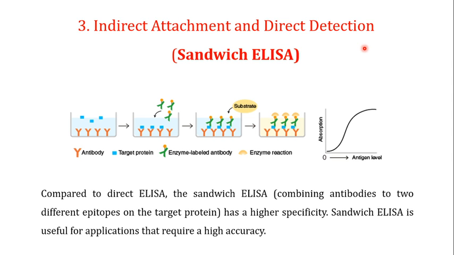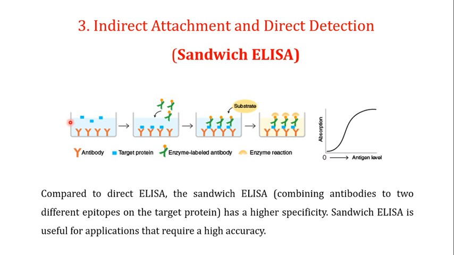If you talk about the indirect attachment and the direct detection, this is a special type of ELISA, known as the sandwich ELISA, and you will see in a while why we call it the sandwich ELISA.